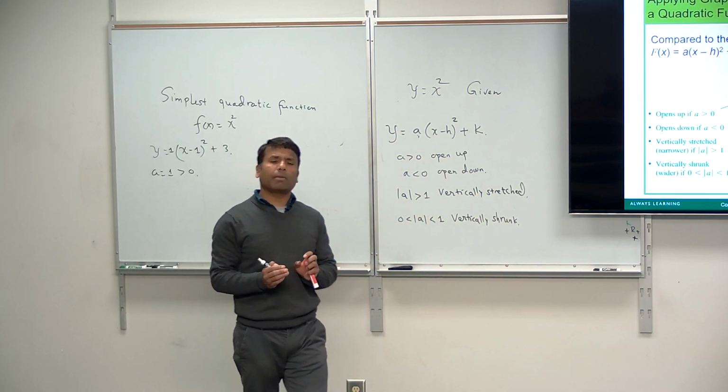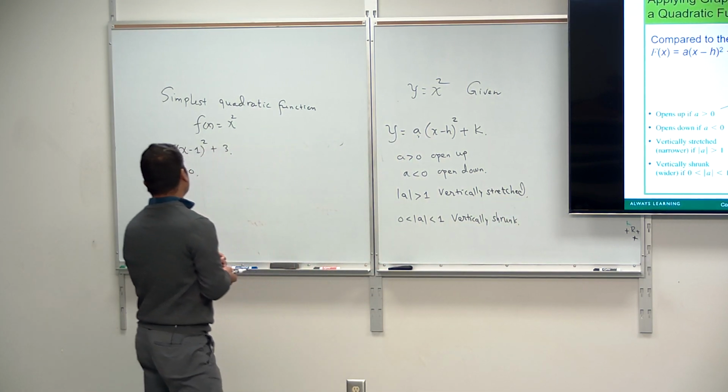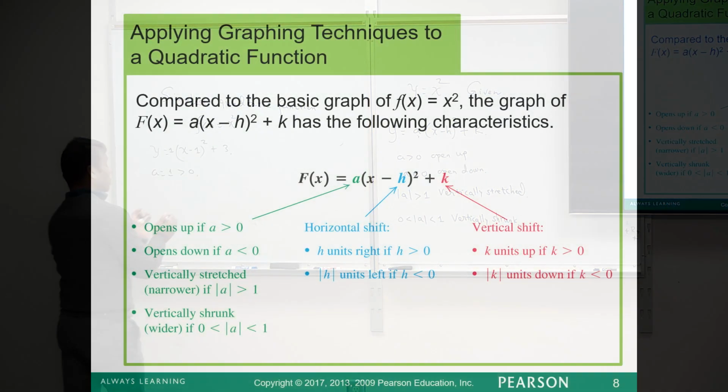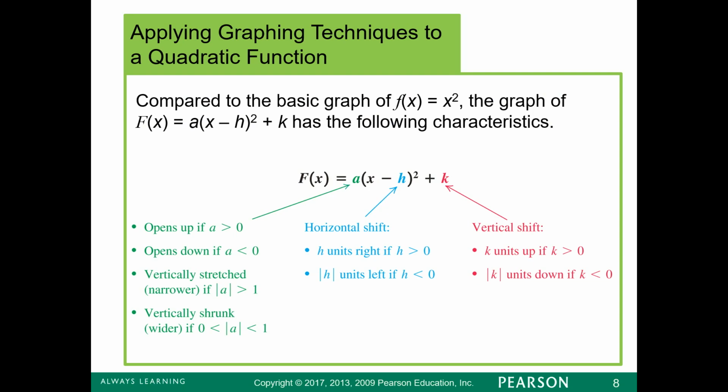Remember the last time we talked about vertically stretched and vertically shrunk? Vertically stretched means the graph will be what? Narrower. Right? We talked about that I think like last week.